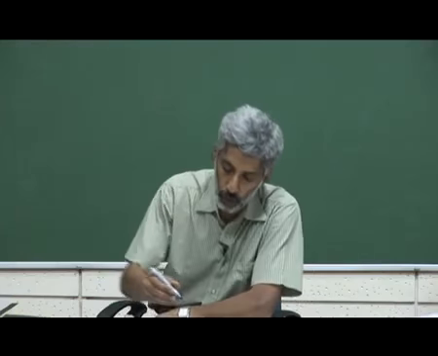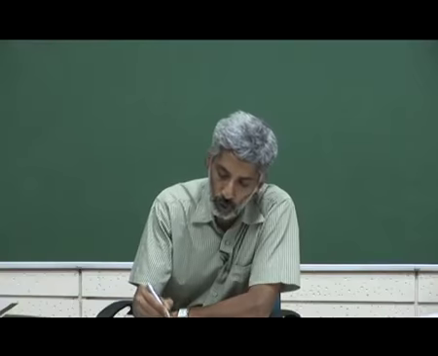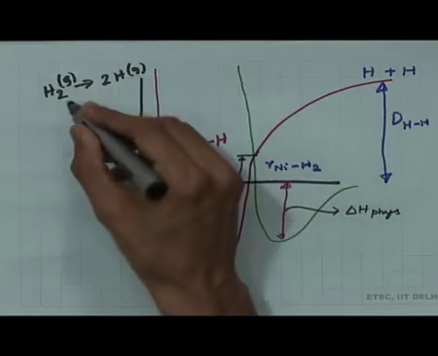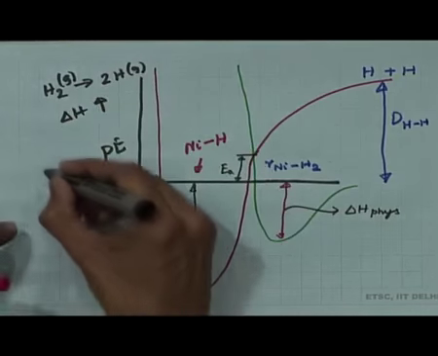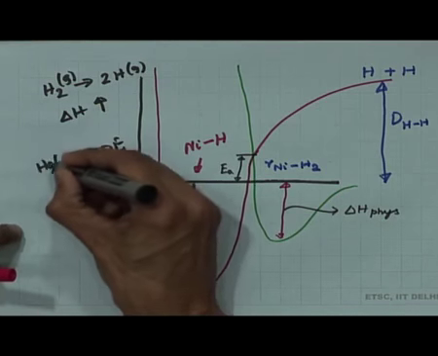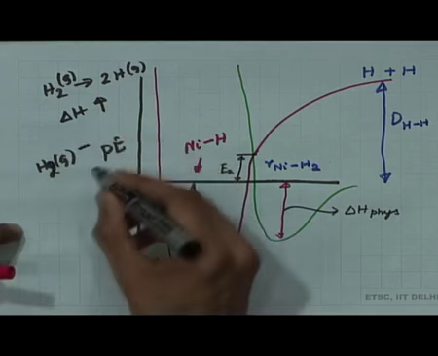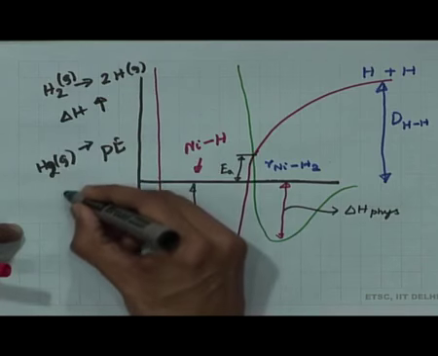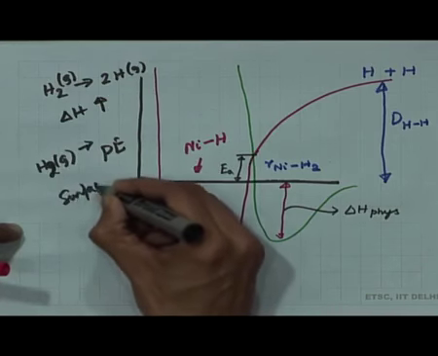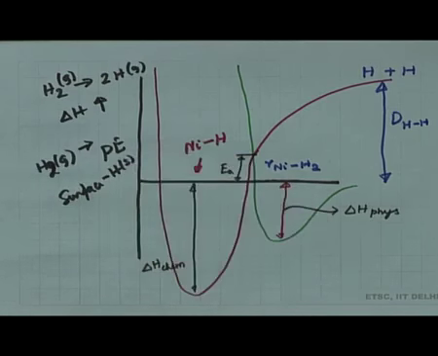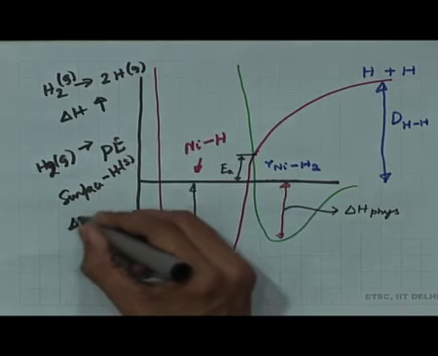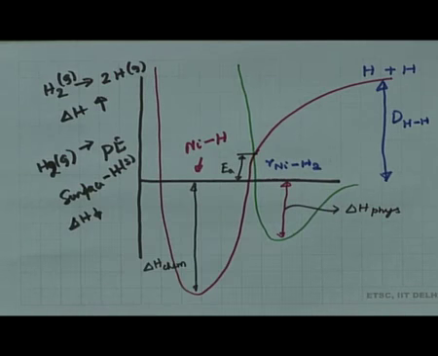So, H2 gas going to H gas, delta H is very high, whereas H2 gas going to surface-attached hydrogen in the solid state, this delta H is very small, and that is how catalysts work.